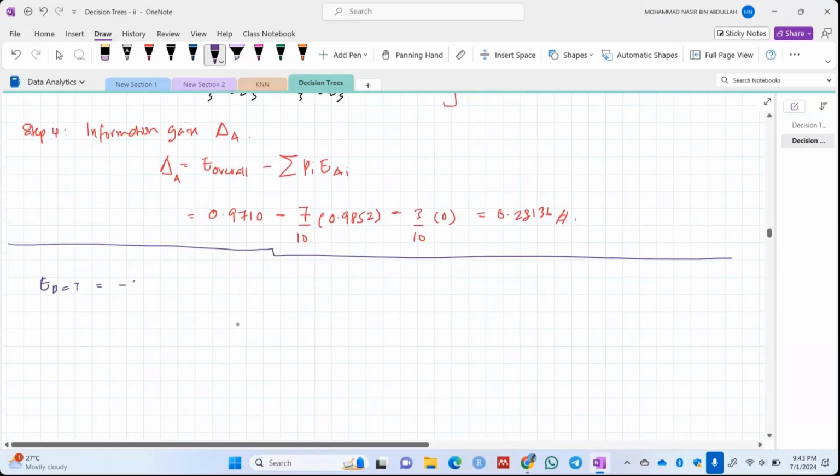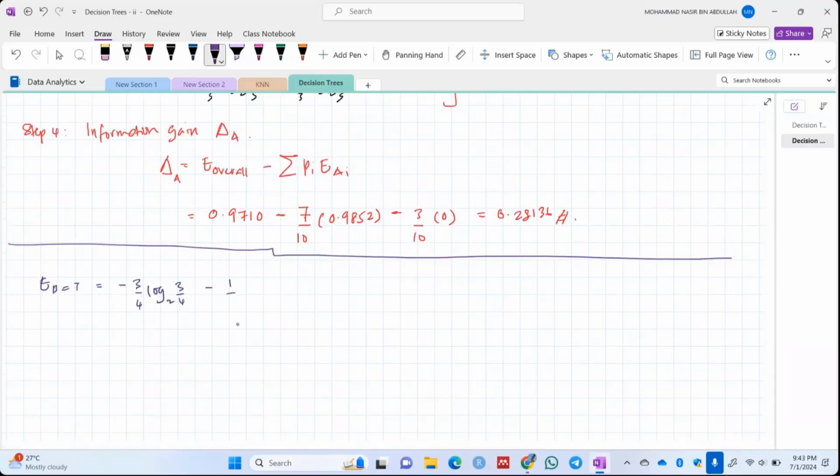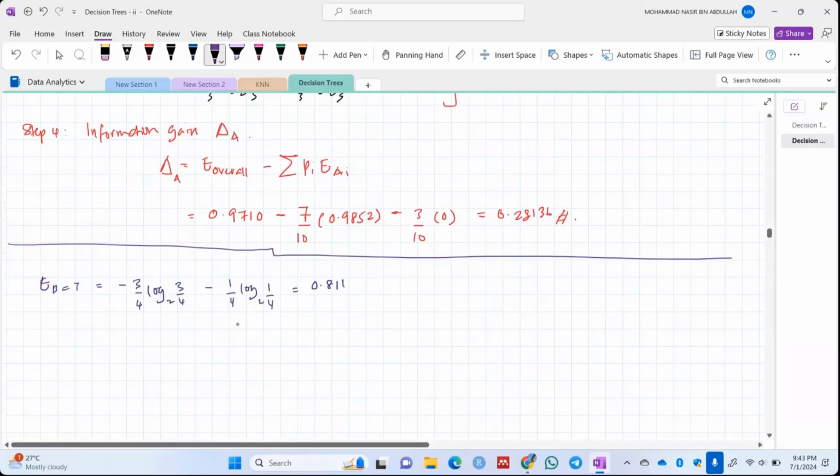So negative 3 over 4 log 3 over 4 base 2 minus 1 over 4 log 1 over 4 base 2. So this one should be 0.8113.